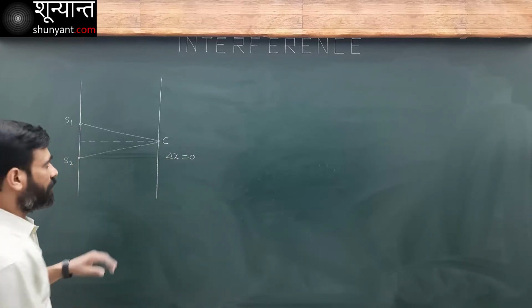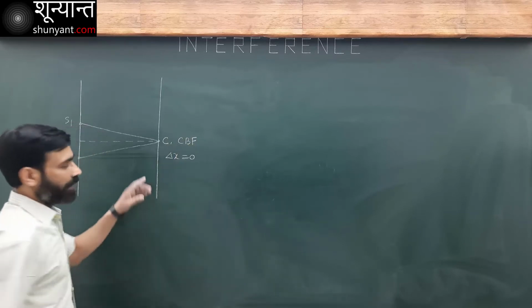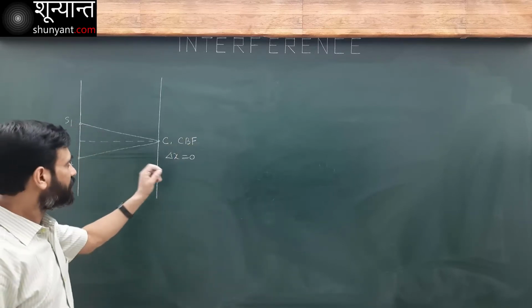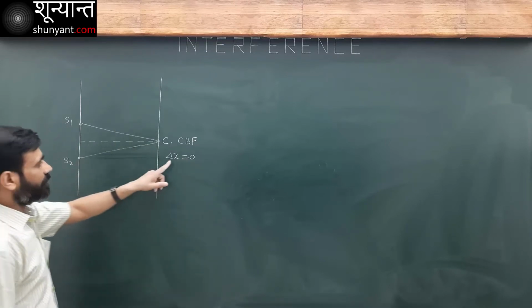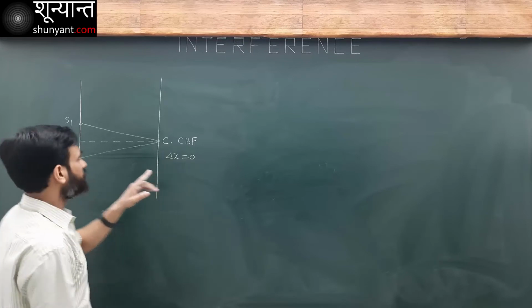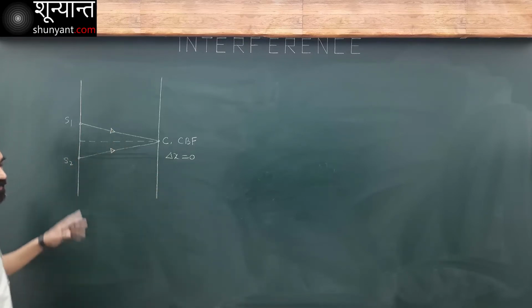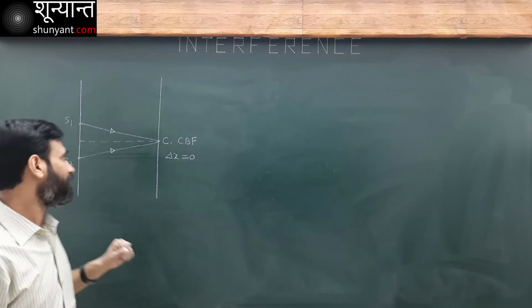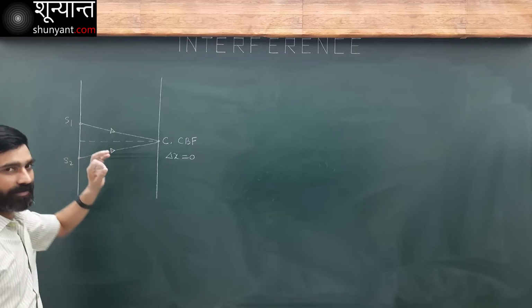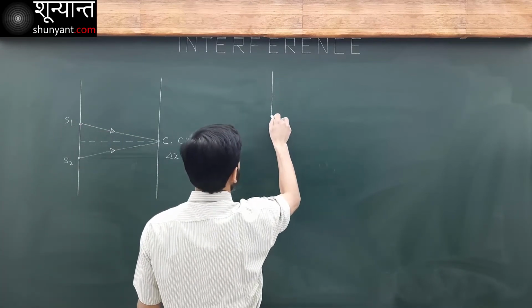I get the central bright fringe at the center of the screen. Delta x is 0 because both the geometrical path and the optical path are the same, because both lights are in air.